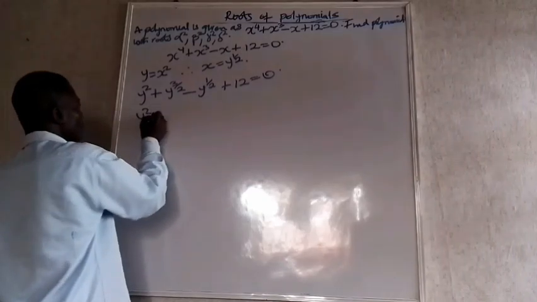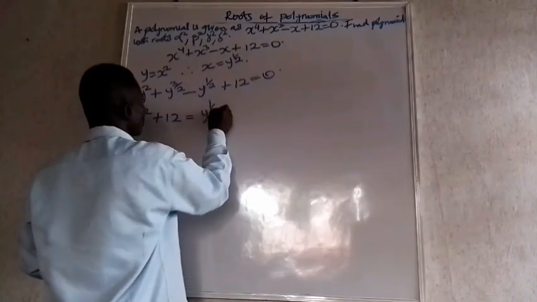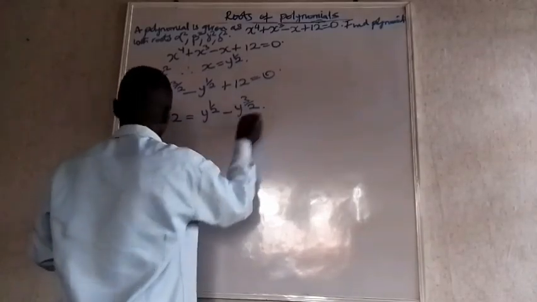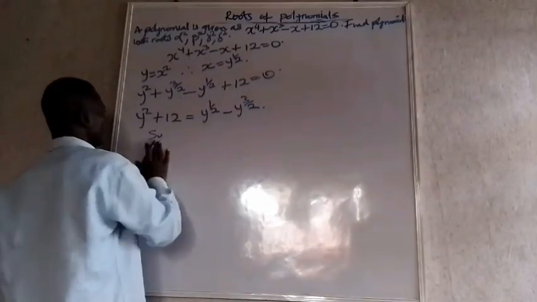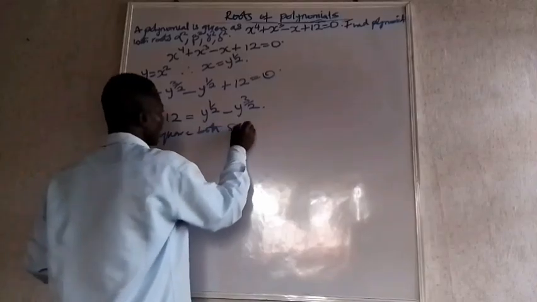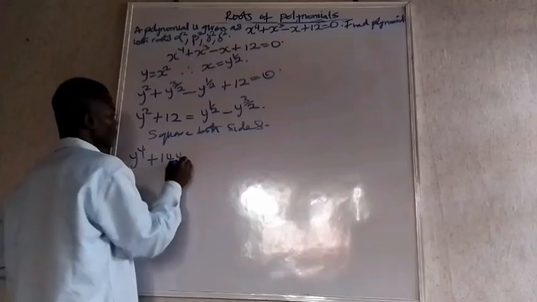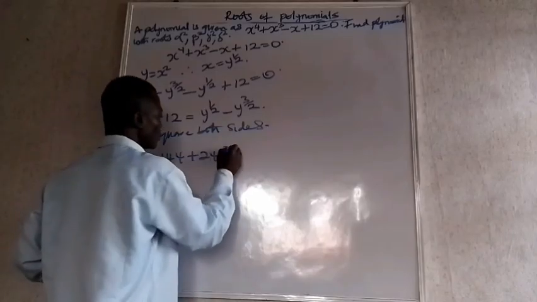So y squared plus 12 is equal to y raised to the power half minus y raised to the power 3 over 2. Now square both sides. We have y raised to the power 4 plus 144 plus 24y squared.